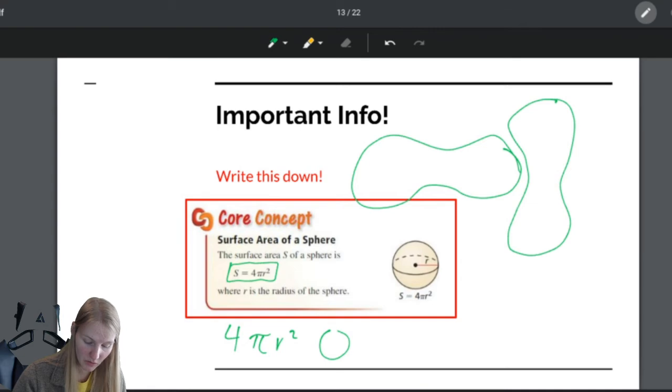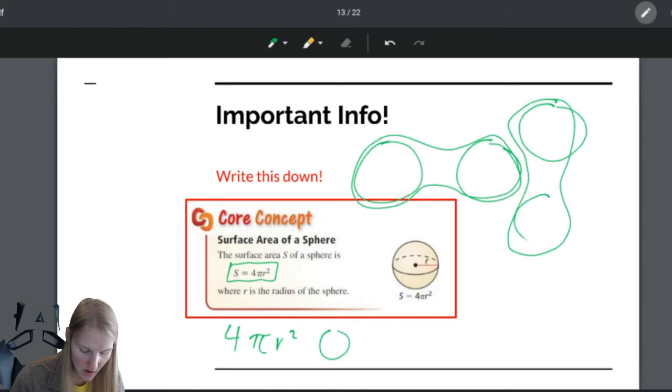So this wraps around and then this wraps around, and you have these kind of patterns on the surface of your baseball. So you can see how there's 1, 2, 3, 4 circles within this pattern. 4 times the area of a circle.